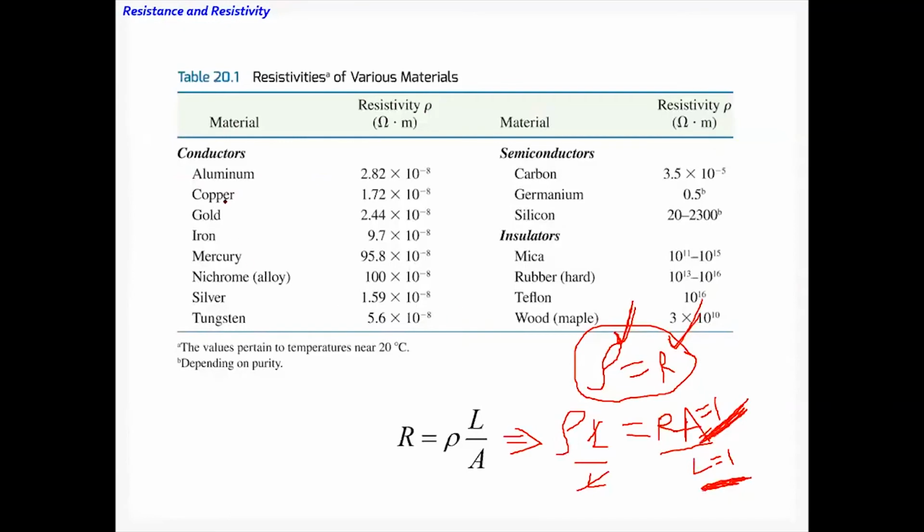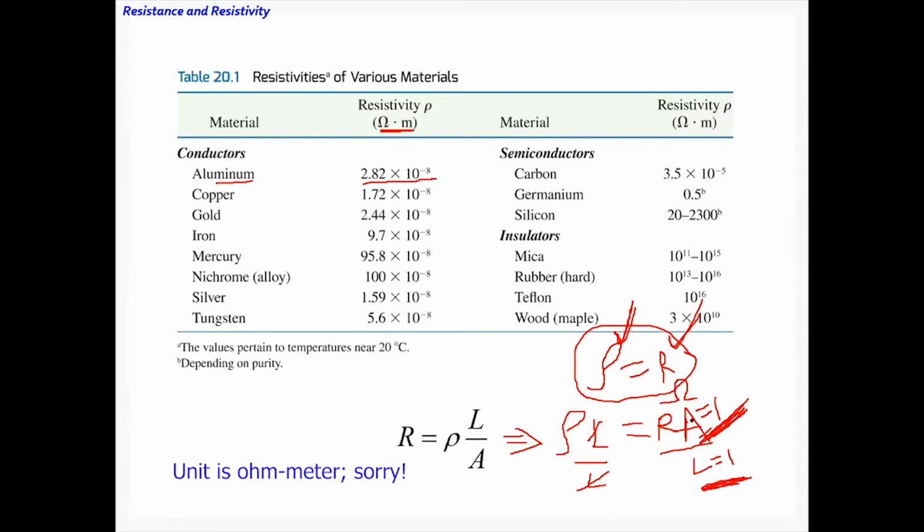Like if you are talking about aluminum, what is the resistivity of the aluminum? 2.82 times 10 to the negative 8, and the unit is ohm meter. You can see this unit because R is in ohms.